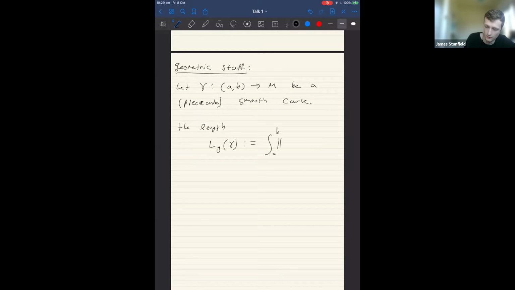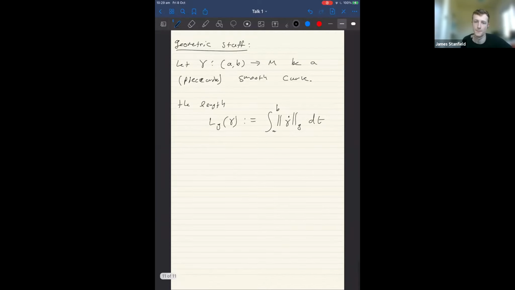It's the integral of the norm of its velocity over time. So what do I mean by the norm here? This is just the one induced by our inner product. But again, we're changing the point in time, so we're changing our inner product, but in a smooth way. So we do this computation, and that gives us the length.